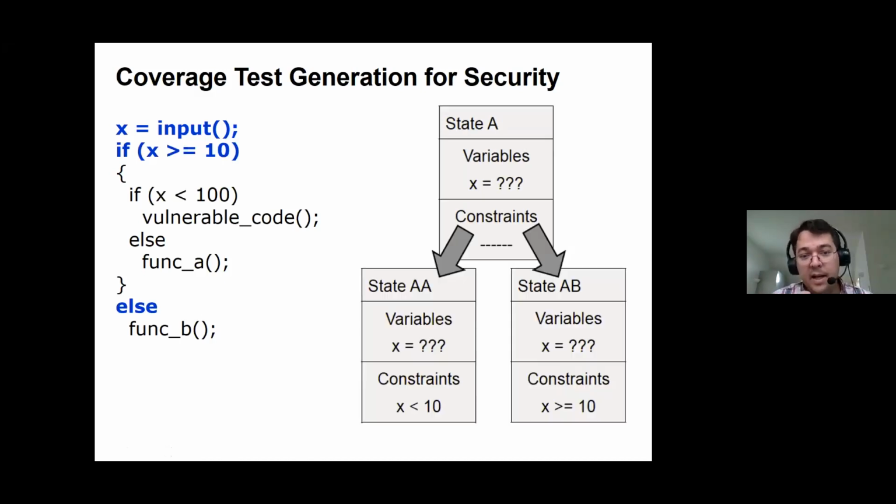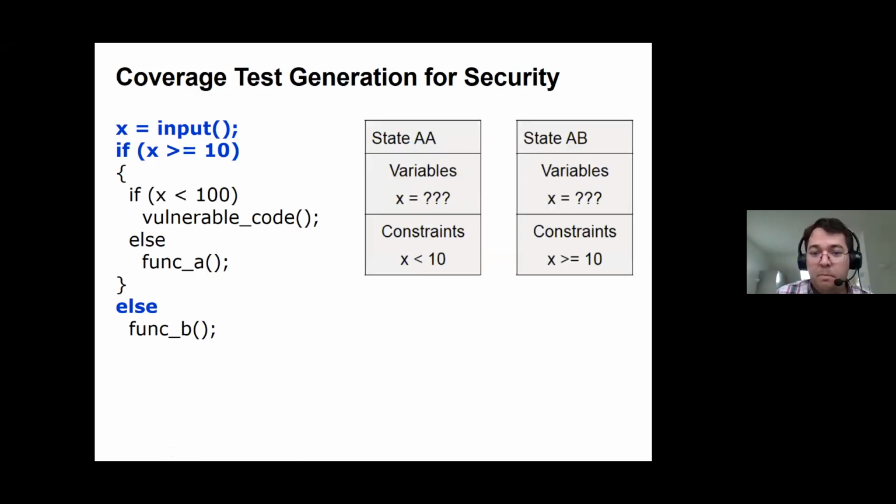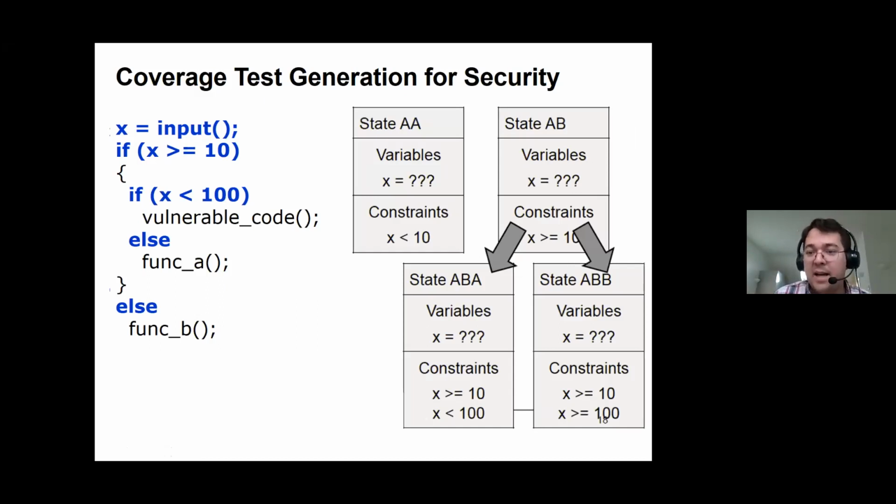And then I build here the path constraints, right? So I have the path that X is greater or equal than 10, and the path that X is smaller than 10. And then from the path of X greater or equal than 10, I also have the path that X is smaller than 100, and the path that X is greater or equal than 100, right?